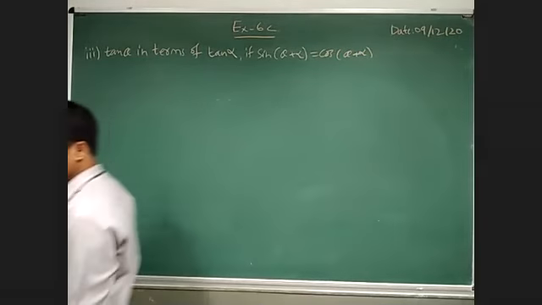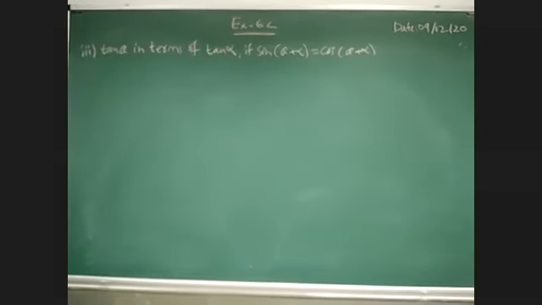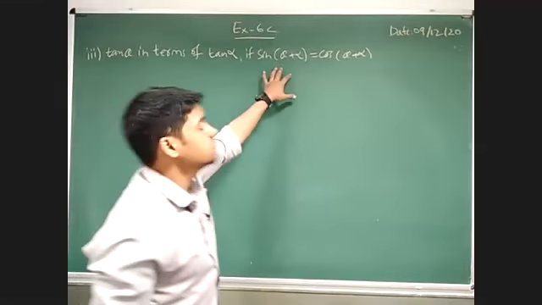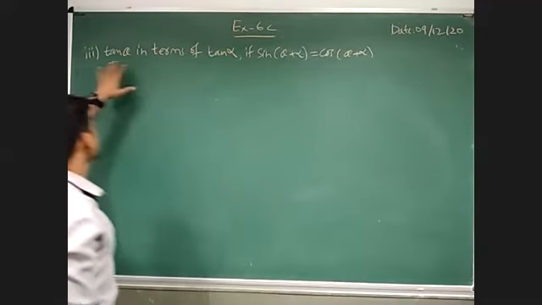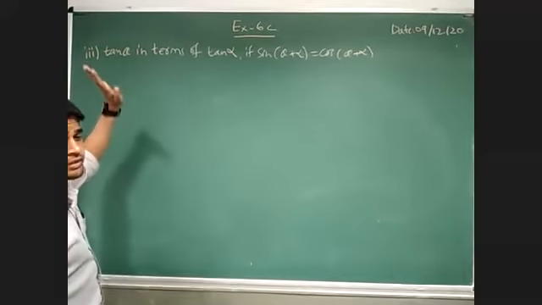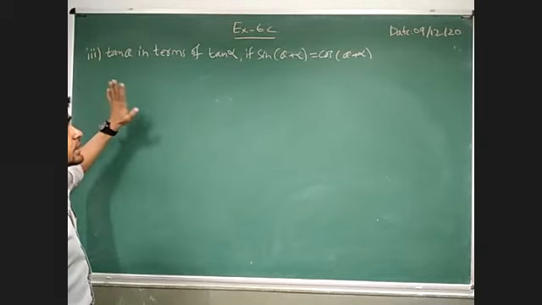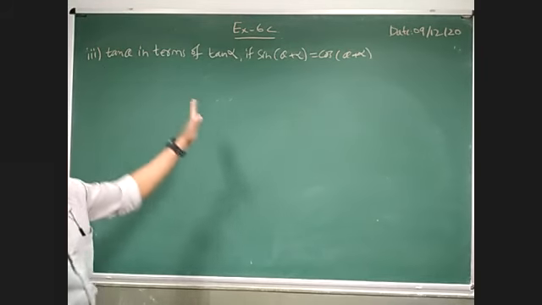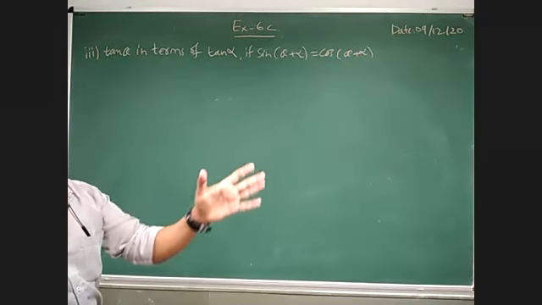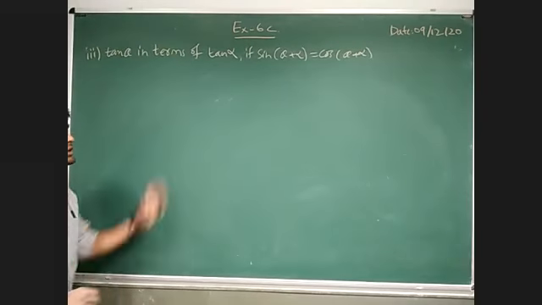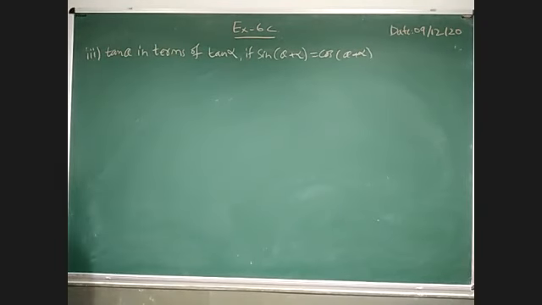Okay, so here we have to convert this value into tan theta in terms of tan alpha. मतलब हमारा जो वैल्यू होना चाहिए tan theta is equal to tan alpha something something, ऐसा कुछ होना चाहिए. Okay, so that is the meaning of the question.